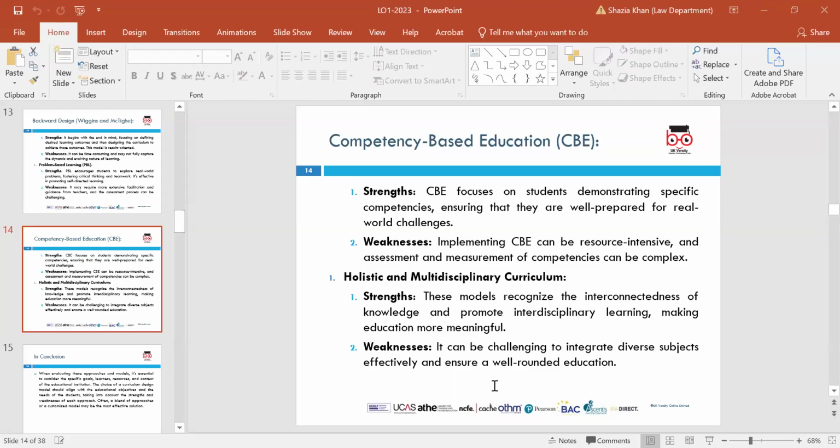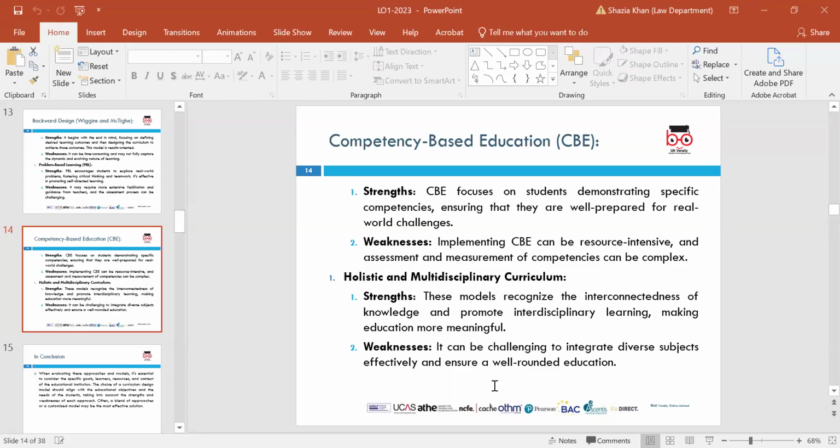The strength for that is CBE focuses on students demonstrating specific competencies, ensuring they are well prepared for real-world challenges. The weakness is implementing competency-based education can be resource intensive, and the assessment and measurement of competencies can be complex. Then we've got the holistic and multidisciplinary curriculum. This approach is designed to promote an understanding of how different fields are interconnected and can be utilized together to solve complex issues.